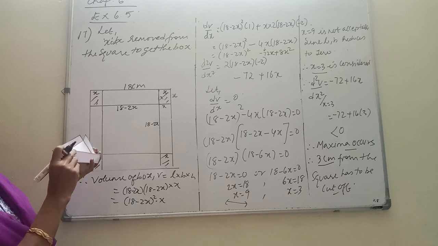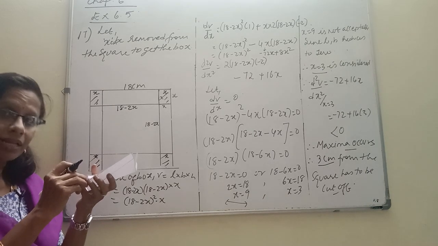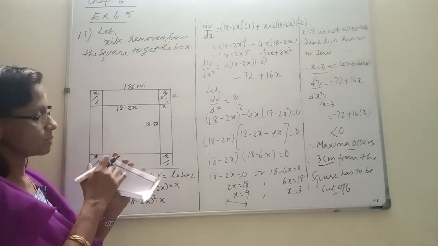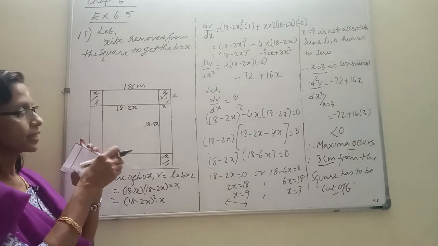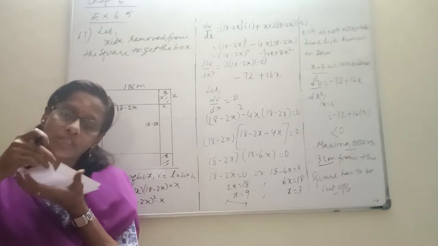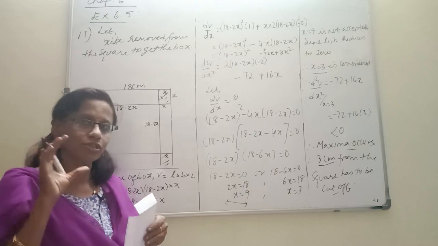And its height is this particular part. What is that part? That part is x. Your length is this part that we need to find out. Your width is this part, that also we need to find out. And height we don't need to find out, because height is going to be x, because we know that these sides are x.